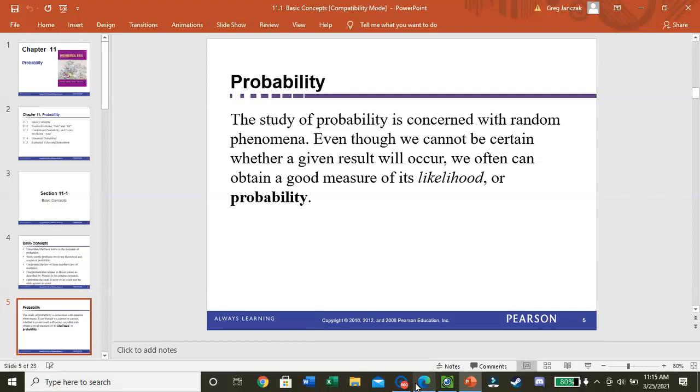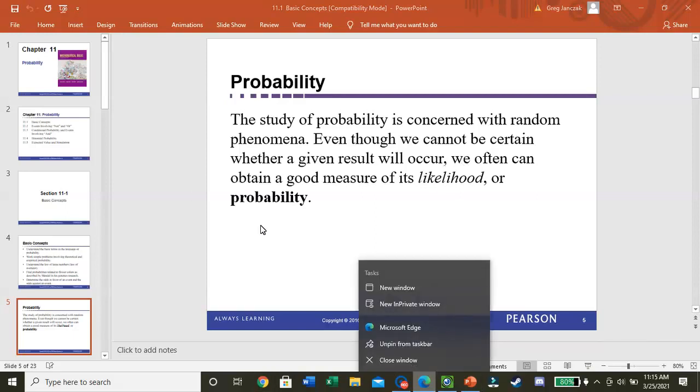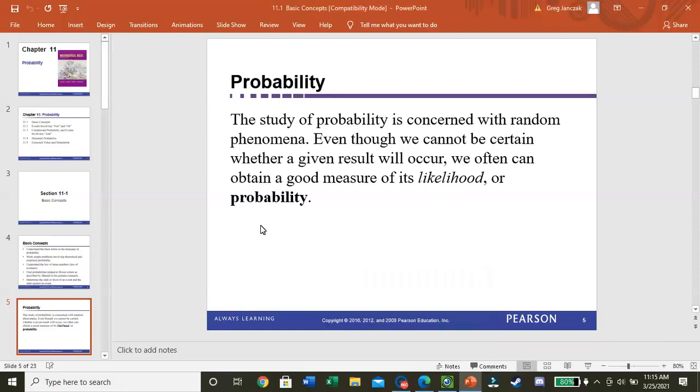Do they live in North Carolina versus a different state? And you pick out people randomly as they pass by. This would be a random occurrence or random phenomenon. And so probability is based on what we look at in events that are in a random occurrence.